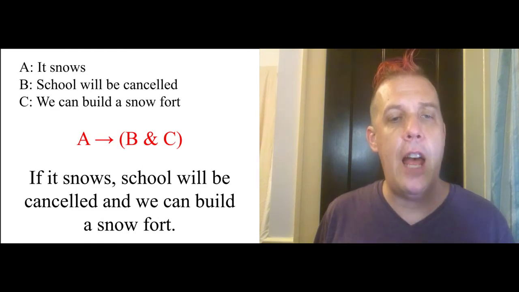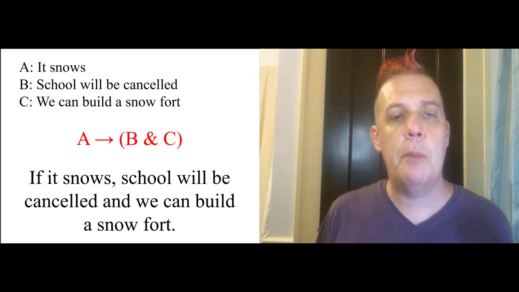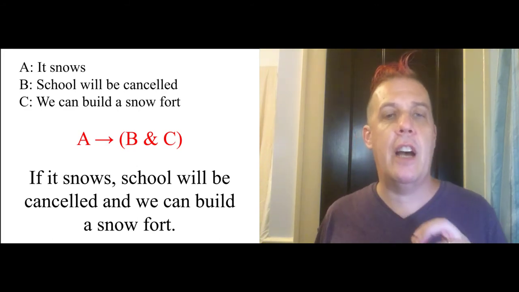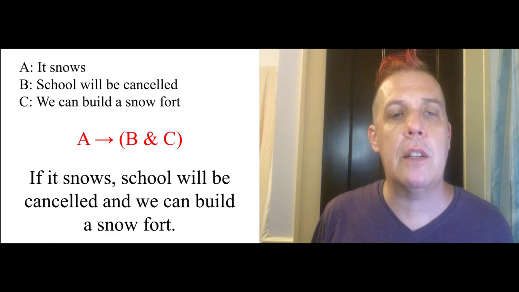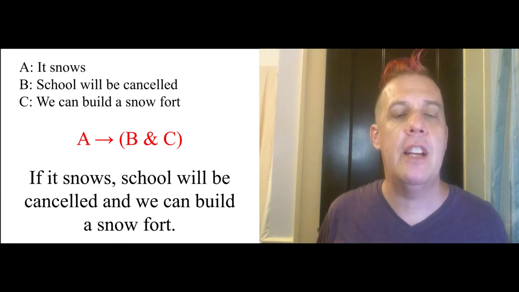So if A, then B and C. To represent this more complicated sentence properly, we need to add another element to our symbolic language, the parentheses. In this case, B and C go together as 2 things that would happen if school is canceled.